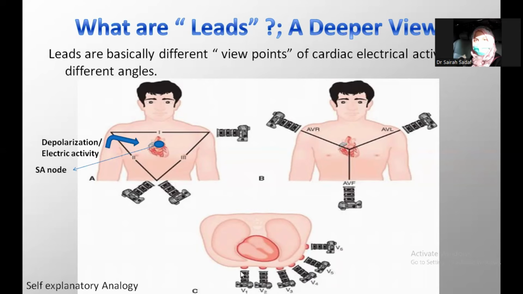Now just think of the electrodes as cameras placed at different angles. As the cameras are placed at different angles to detect the cardiac electrical activity, obviously each camera will have a different image of the electrical activity, right? That is why at the end, we will have different images from different cameras. And that's why leads are different from each other.